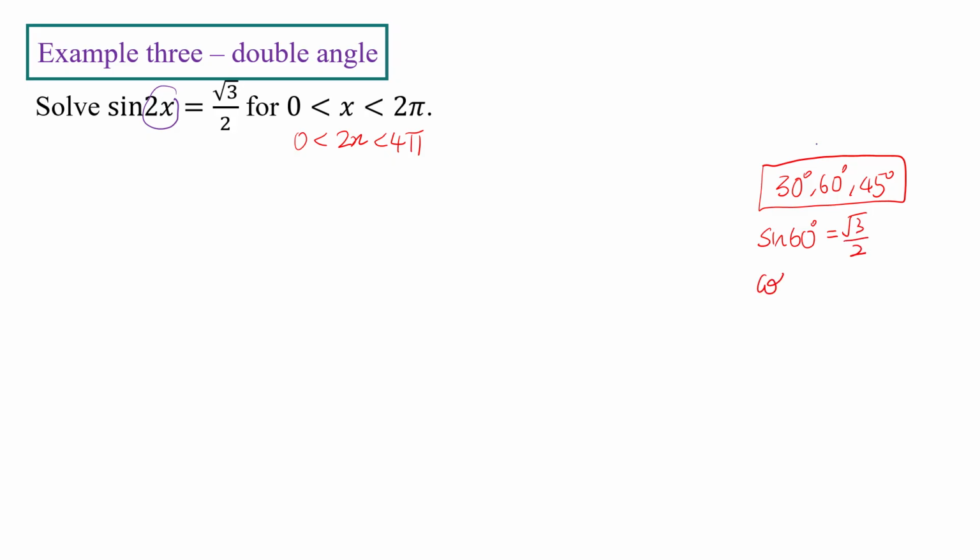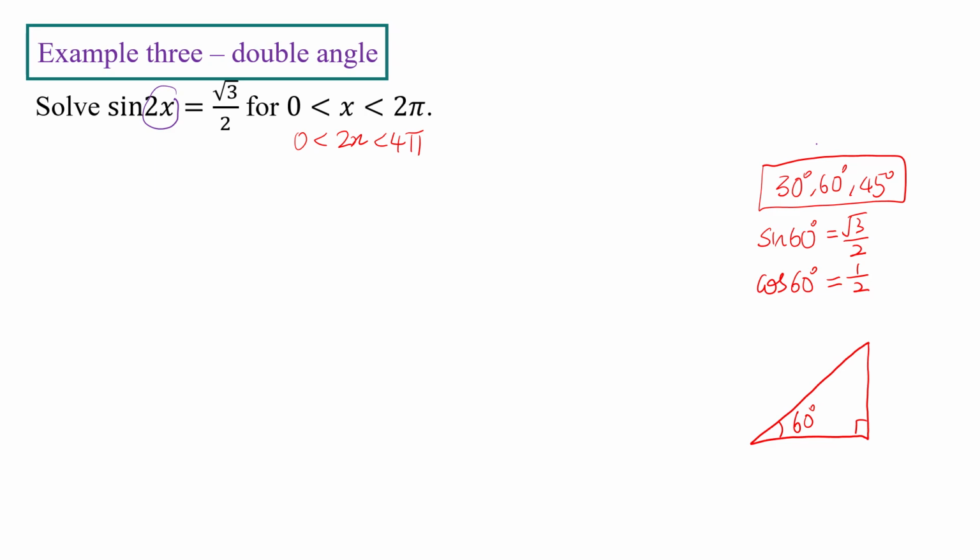Like cosine 60 is half. You can find the values for all the trigo ratios of these special angles using your triangle. Say, for example, this angle is 60 degrees. So cosine 60 is half.